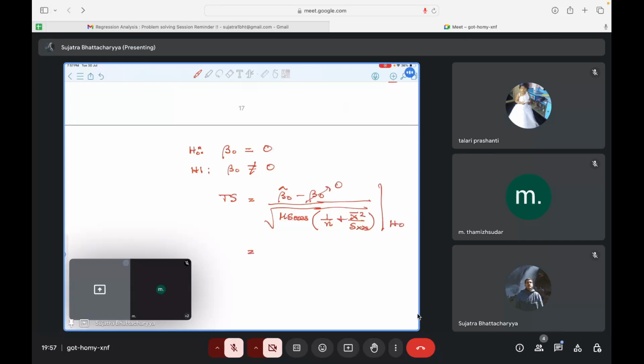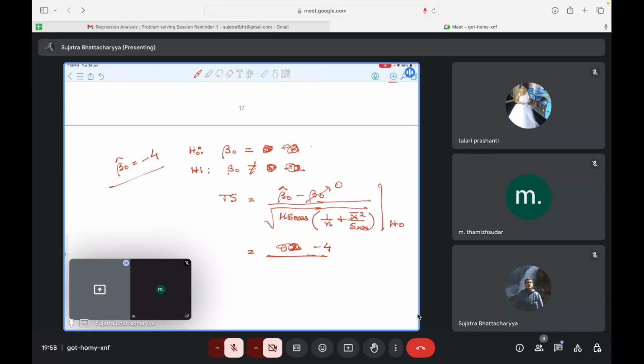So this becomes, oh, it cannot be 0, so I just change it to minus 2. Okay, just minus 2. Sorry, beta naught cap is, we have already found out, as minus 4. That is the intercept. So this becomes minus 4.